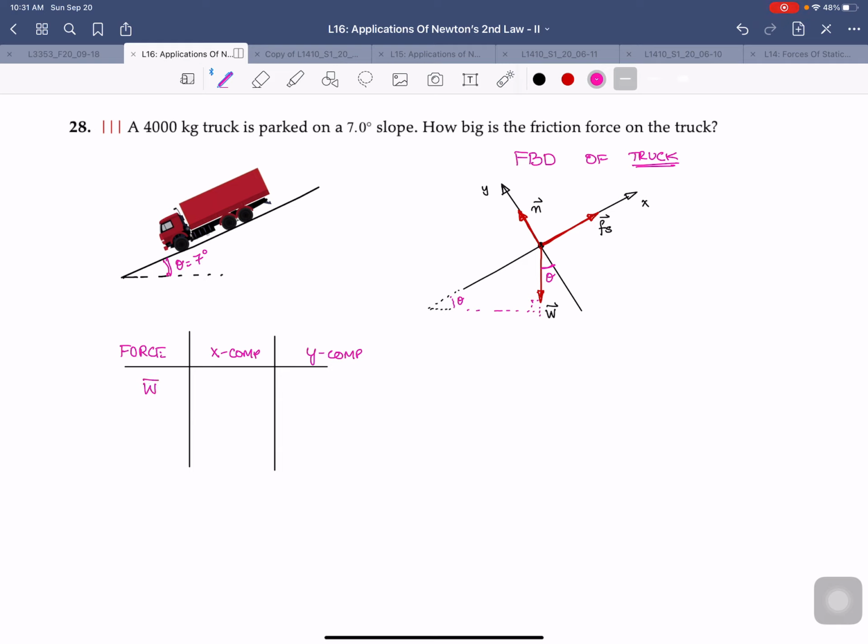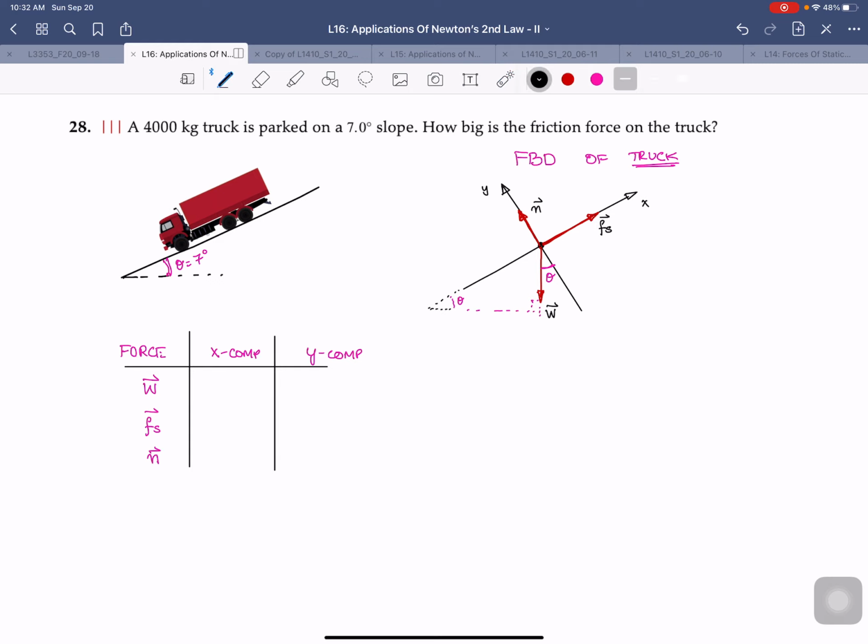You've got the weight, the force of static friction, and the normal force. Let's make this very clear: this is just the force of static friction. It's not the maximum force of static friction. We know that there's just enough friction to prevent this from sliding. It's not necessarily the maximum force of static friction. So we just leave it as the force of static friction.